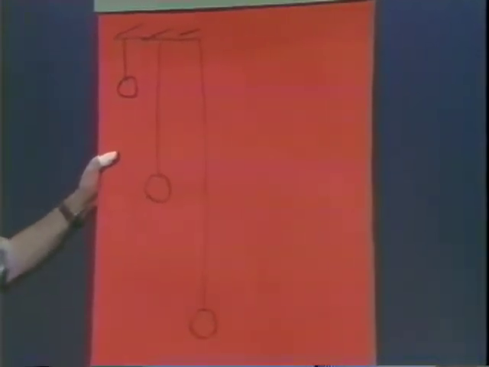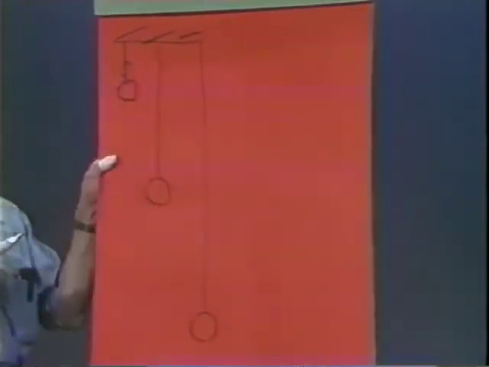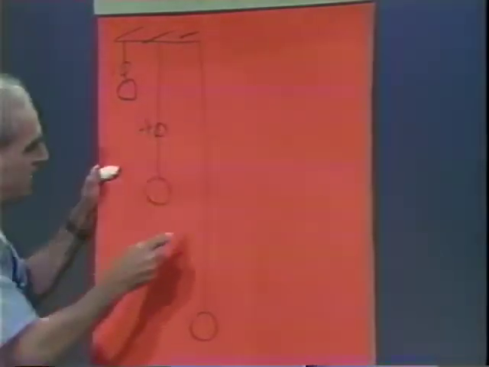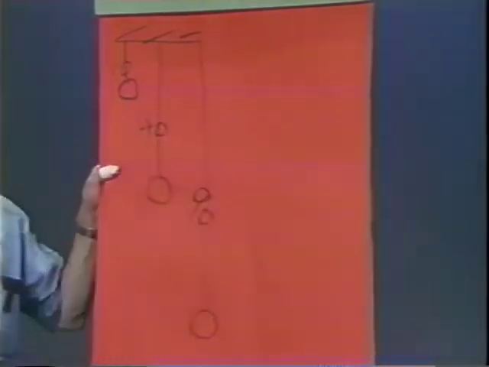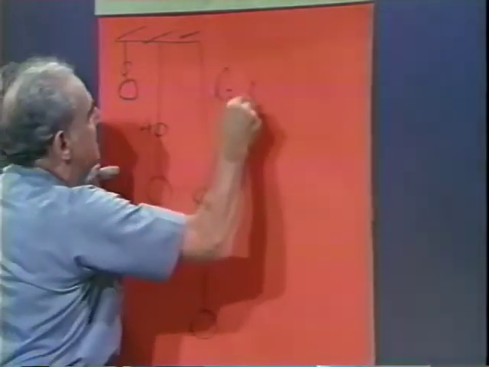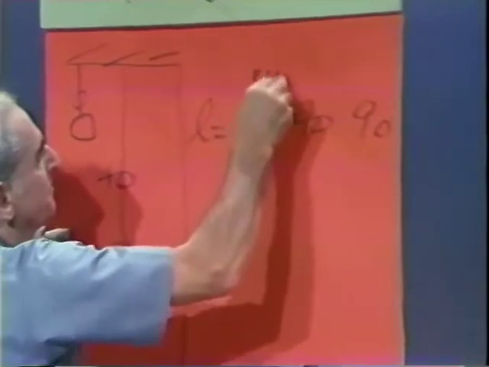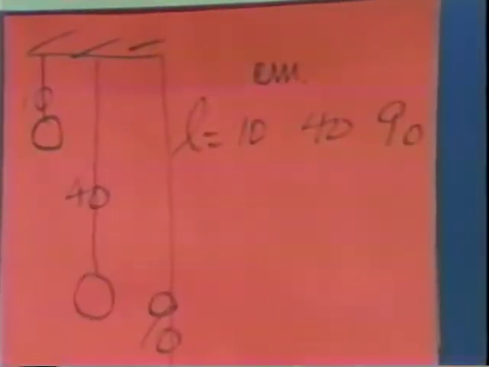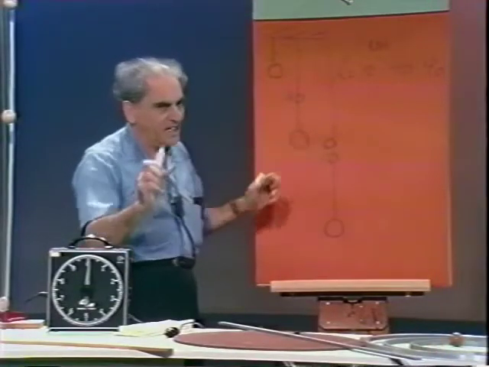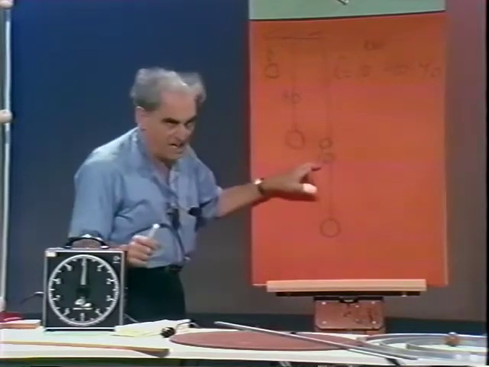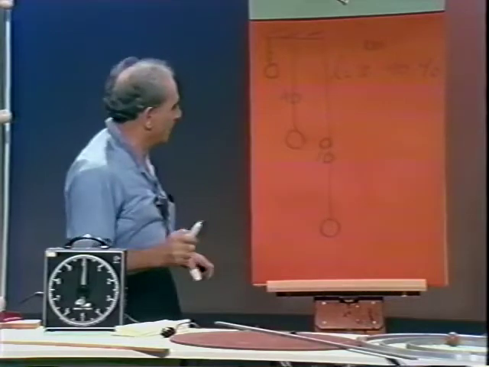And how long are they going to be? This one is going to be 10 centimeters long, and this one 40 centimeters long, and this one 90 centimeters long. So the lengths are 10, 40, 90 centimeters. Notice the numbers, 10, 40, 90. I hope you get a little cue in there. There's 1, there's 4, there's 9, if we divide each one by 10.